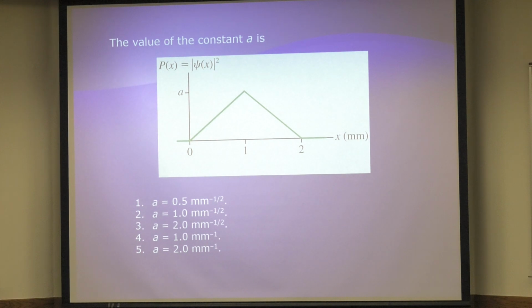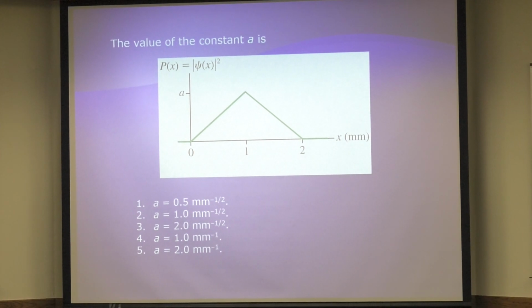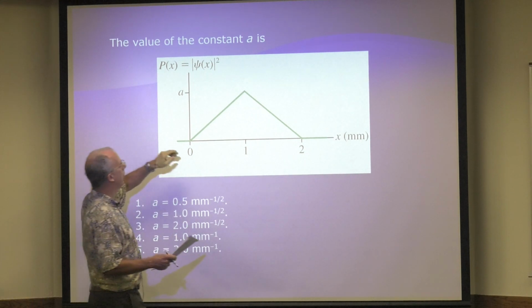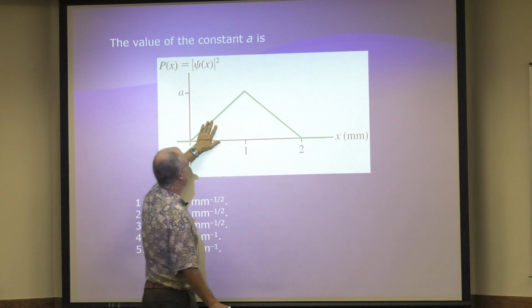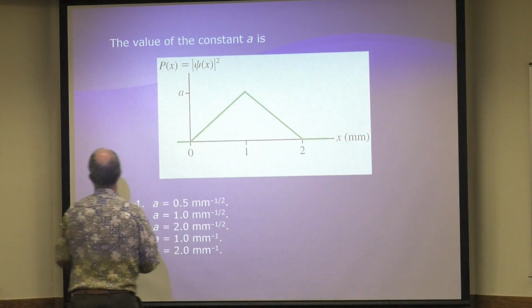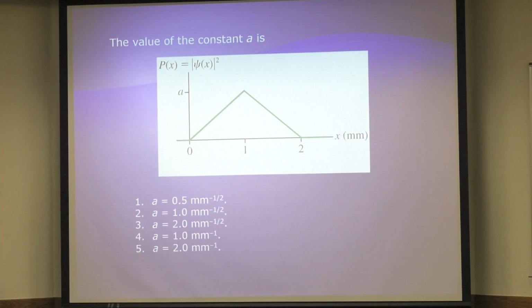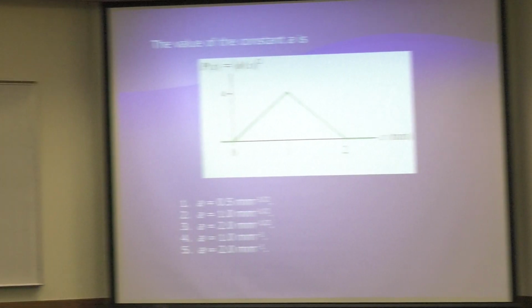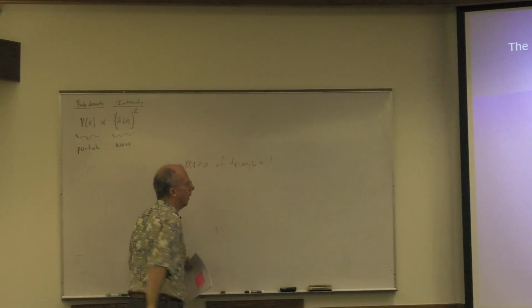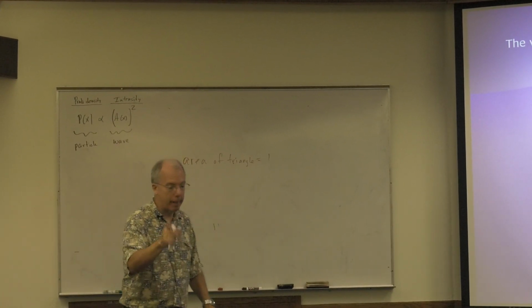Okay, we're back. All right, so the normalization condition says that the integral from negative infinity to positive infinity is 1. So that just means the area of the triangle has to be 1, all right? Well, the area of a triangle is 1/2 base times height.